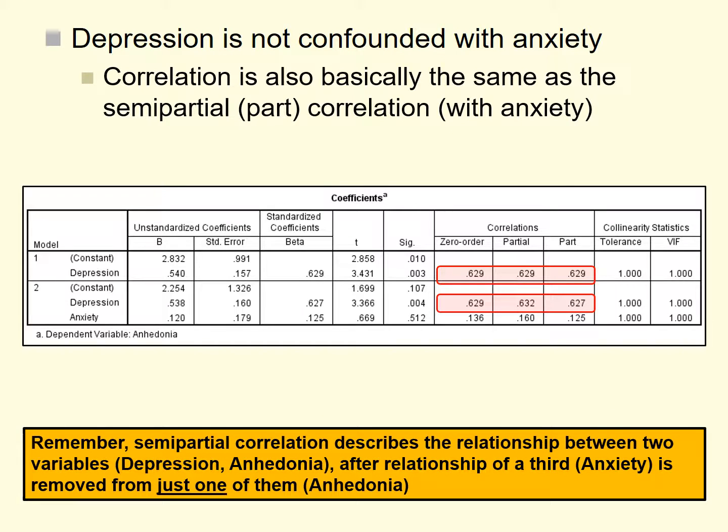I know it can be a bit confusing, so again, as a quick reminder, semipartial correlations describe the relationship between two variables, in this case depression and anhedonia, after a third variable, anxiety, is removed from just one of them, in this case, anhedonia. So after anxiety's effect on anhedonia has been removed, what is the relationship between depression and whatever is left over? And in the case of this imagined example, where depression and anxiety are uncorrelated, it's about the same.